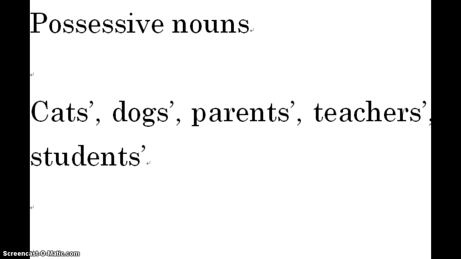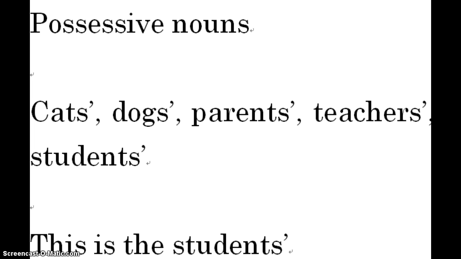So we can say this is the students' toilet. Here the toilet belongs to more than one student, right? Or the toilet can be used by more than one student.